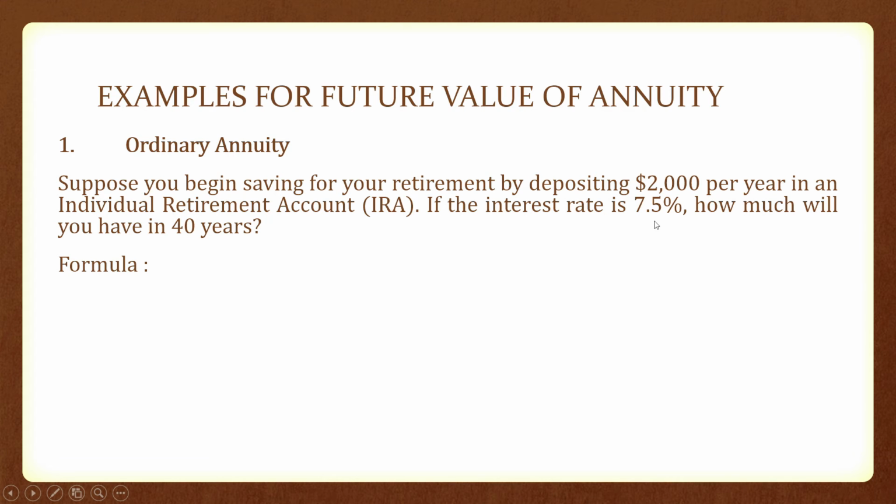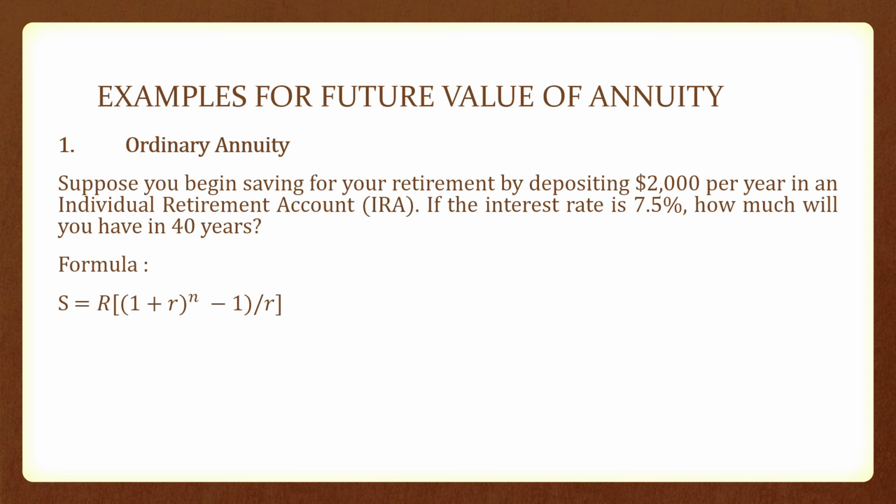Same steps. Identify the question. The key sentence is how much you will have in 40 years. It is future value, and the question does not mention the type of annuity, so we can define it as ordinary annuity. So the formula is the future value ordinary annuity formula. Then identify the info.